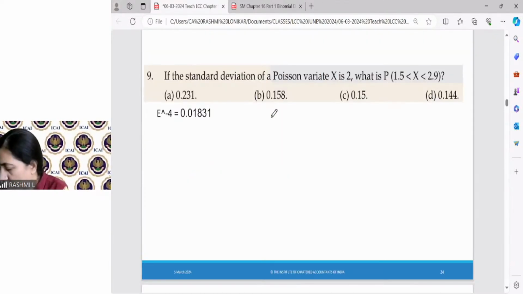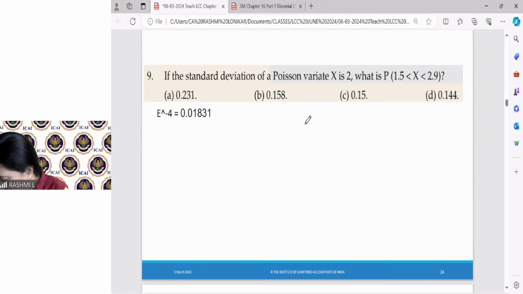Okay, let us do some sums. If the standard deviation of a Poisson variate x is 2, what is P of 1.5 less than x less than 2.9?